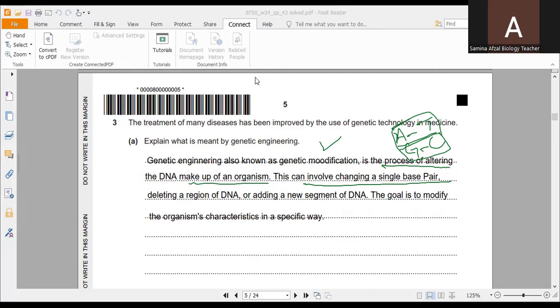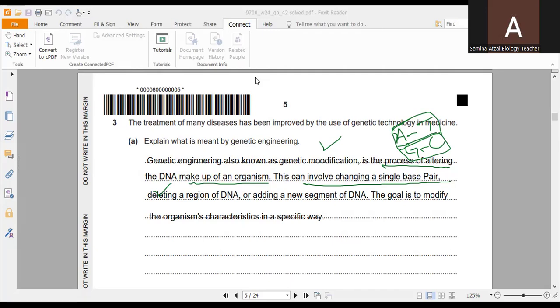So we can change or remove any base pair. We can delete a region of DNA, a small segment of DNA can be removed, and a new segment of DNA can be inserted. Why do we need to remove DNA? Because it is faulty, unhealthy.